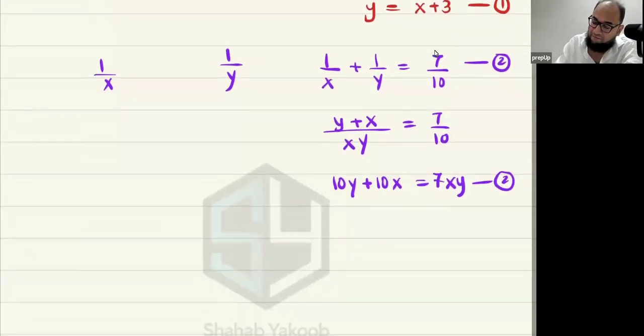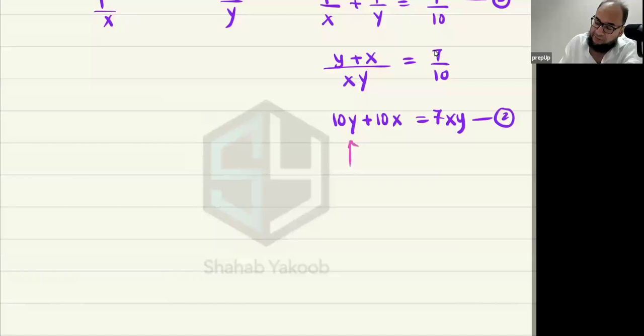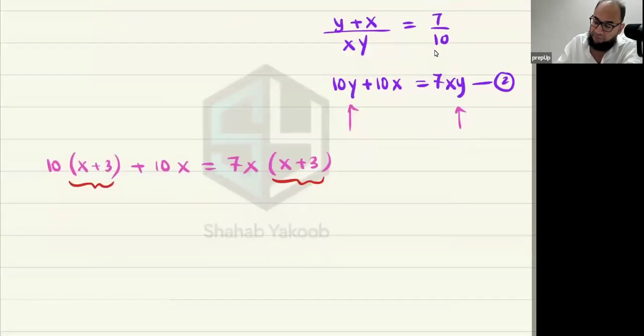Now we know that y is equal to x plus 3. So substitute y over here, substitute y over here. 10 bracket x plus 3 plus 10x is equal to 7x into y. y is x plus 3. So this was substituted, that is x plus 3. This was substituted, which is x plus 3.